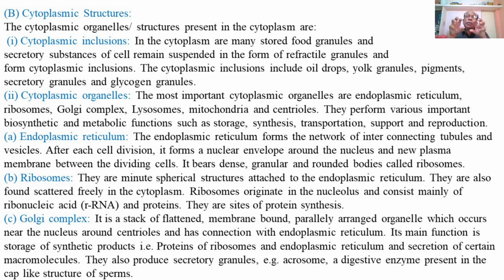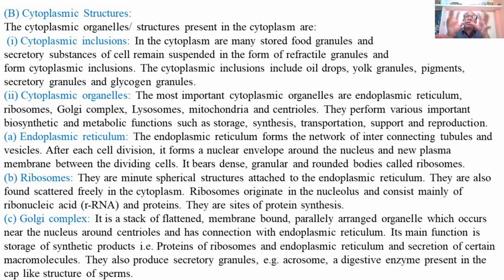So at the time of formation of nucleus or the division of nucleus, the nuclear membrane around the dividing nucleus during the cell division, at stages such as anaphase or telophase, is formed around the nuclear components or materials, and the substance for which is provided by the endoplasmic reticulum.